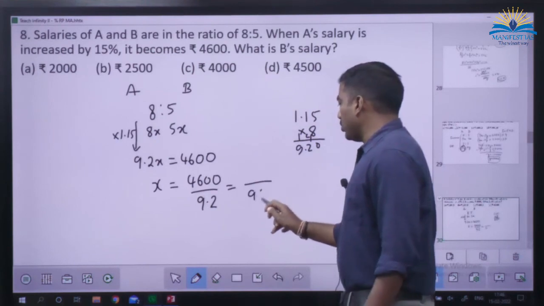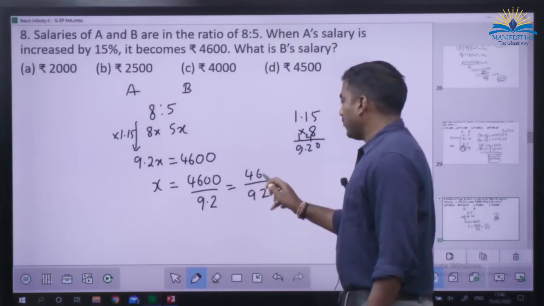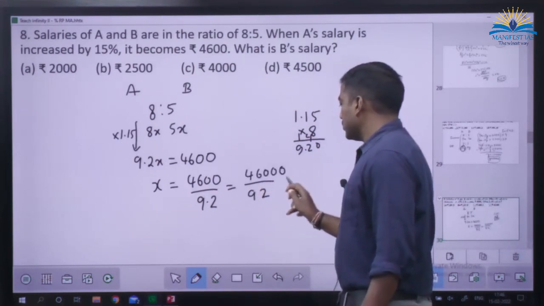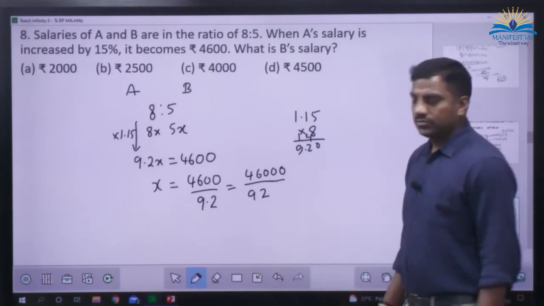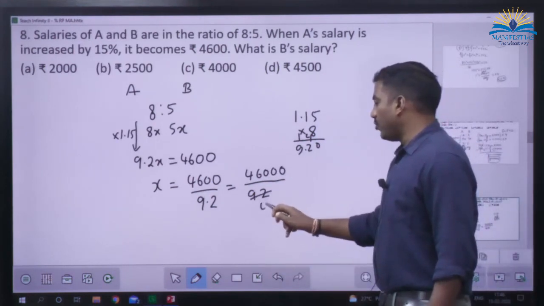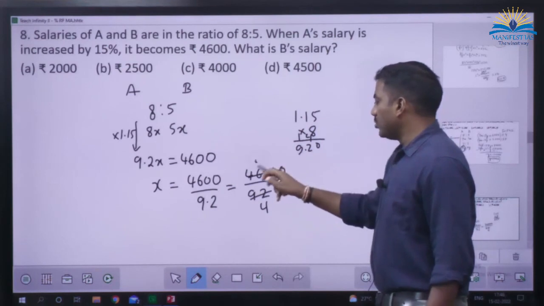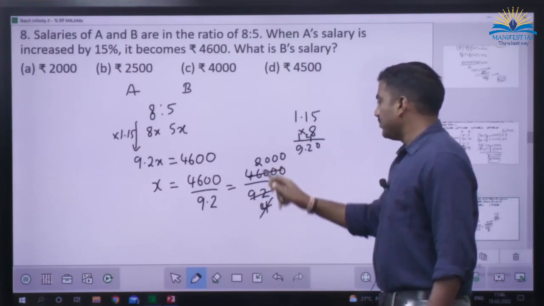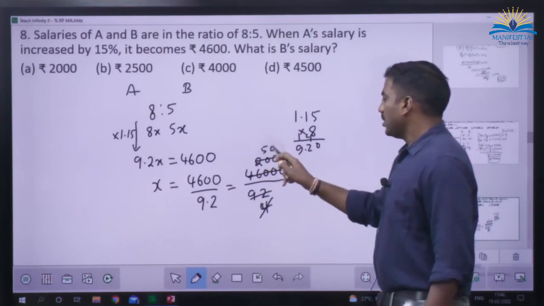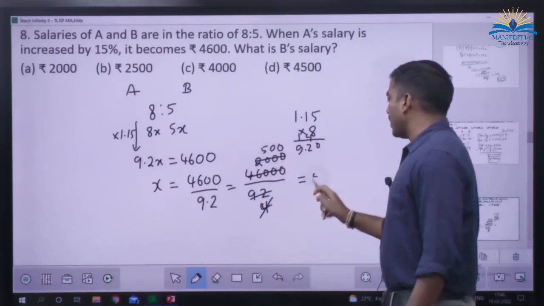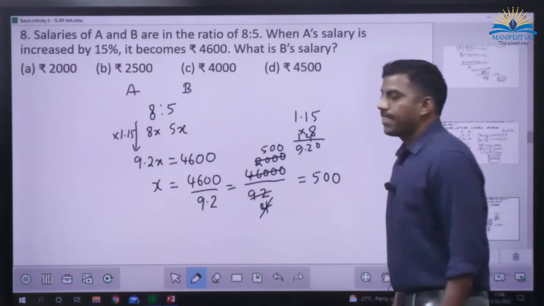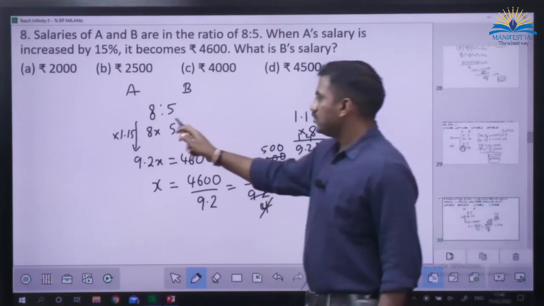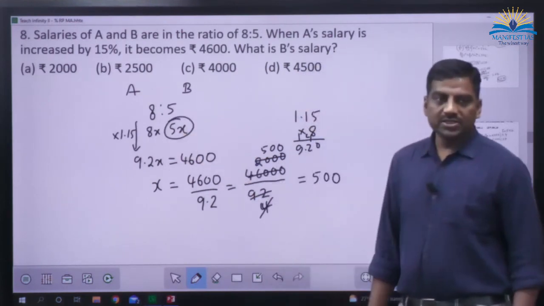It will become 92 and the numerator will become 46,000. x is equal to 500.